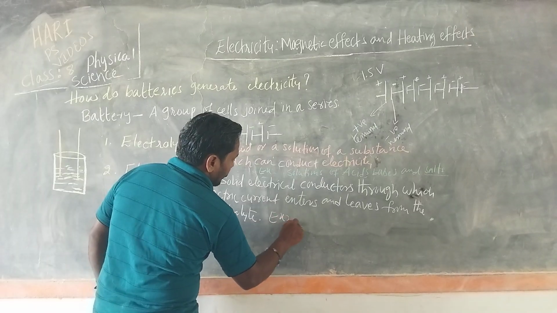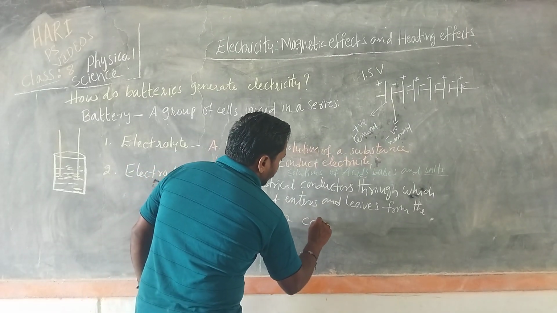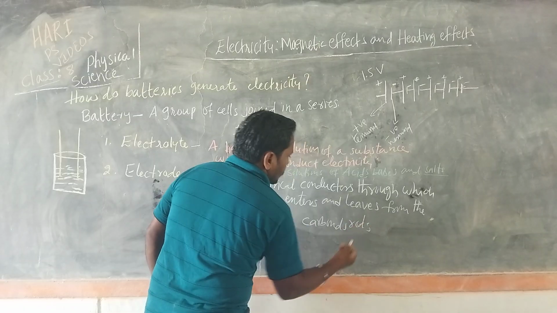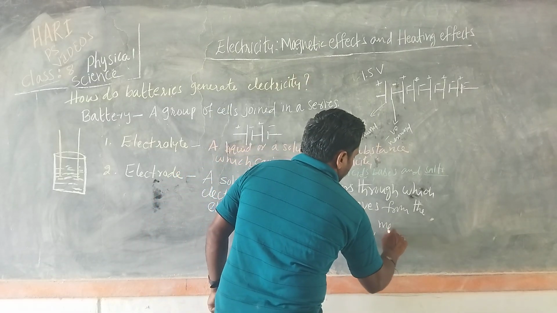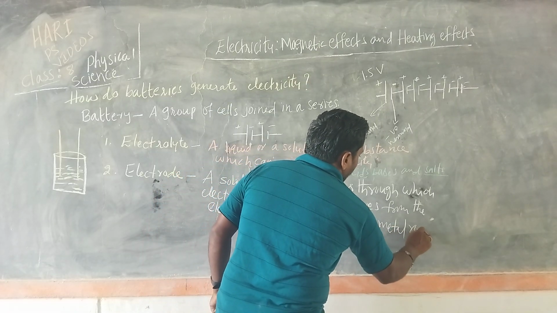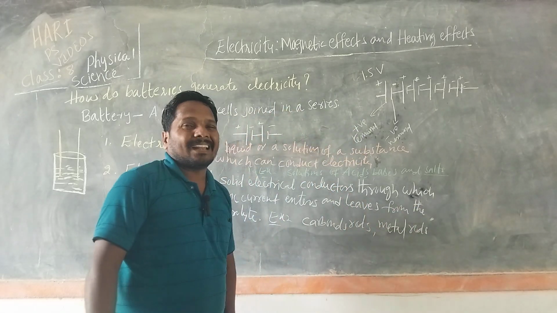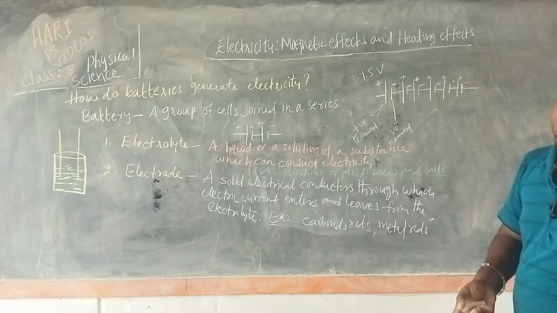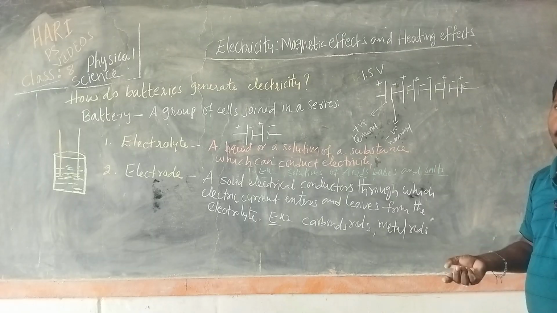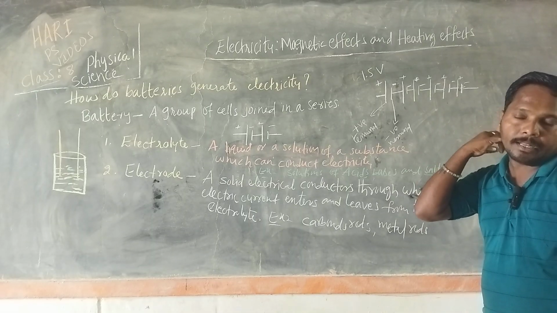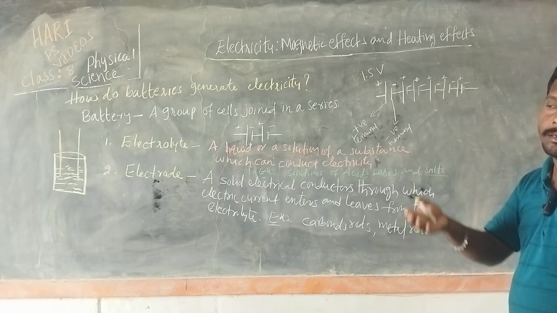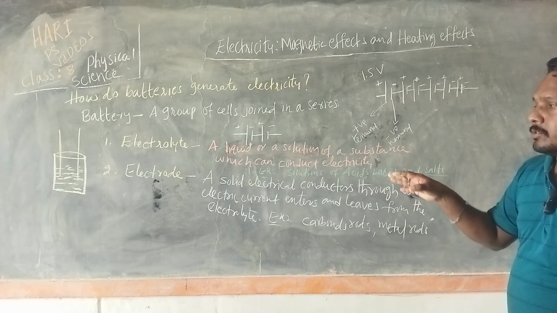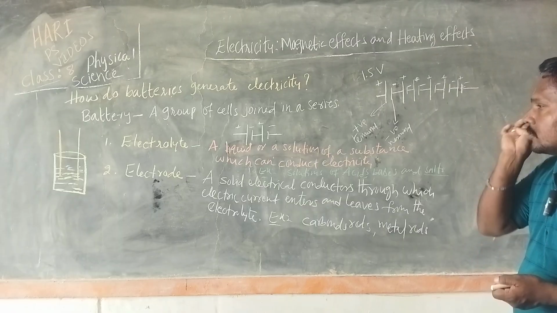For example, carbon rods, metal rods, so graphite rods, or copper wire, copper plate, metal zinc plate or iron plate, zinc wire, copper wire, iron wire, whatever. So they act as an electrode.